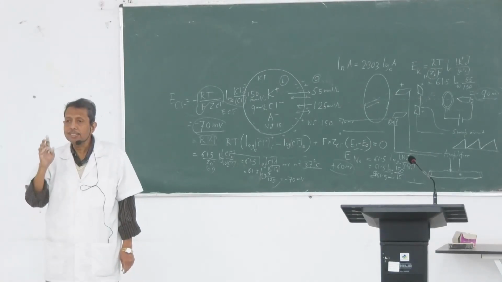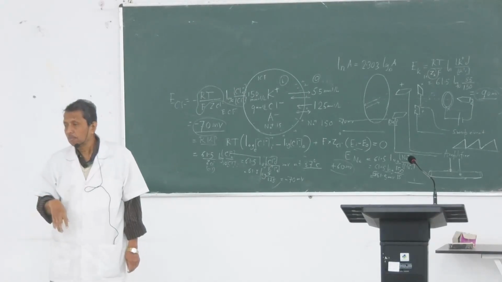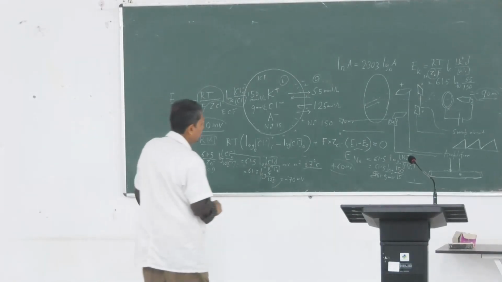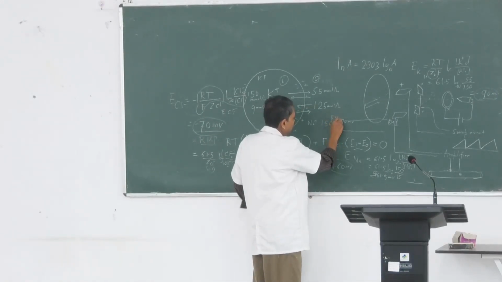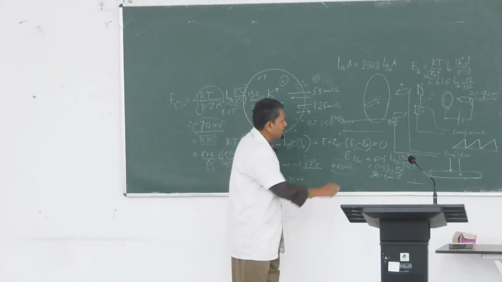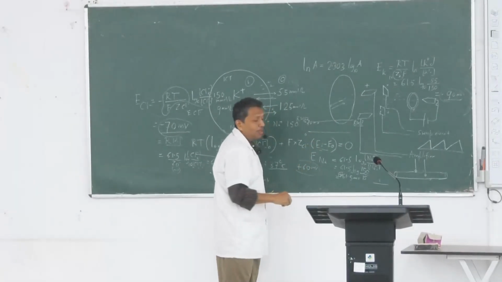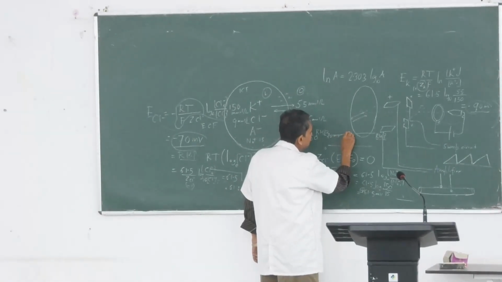And it is responsible for the generation of the action potential. Suppose in the cathode ray oscilloscope, it is initially the resting membrane potential at this value, but whenever there is scope for sodium to enter, it will try to bring it to its value.